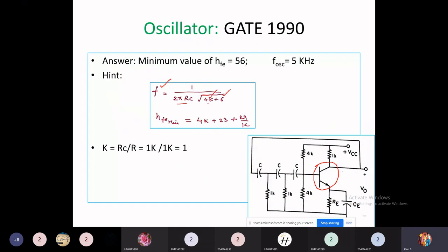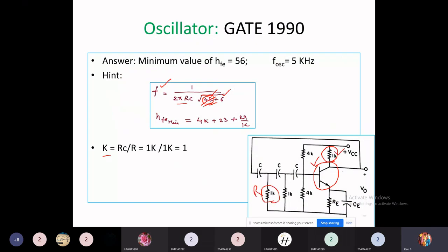In case of an op-amp based oscillator, this 4K term will be neglected, but here the amplifier is based on BJT, so this term comes into picture. What is this K? K is the ratio between the collector resistance RC and the resistance used in the feedback network, called R.